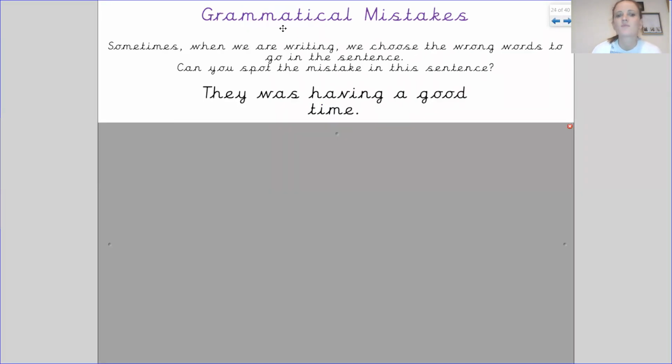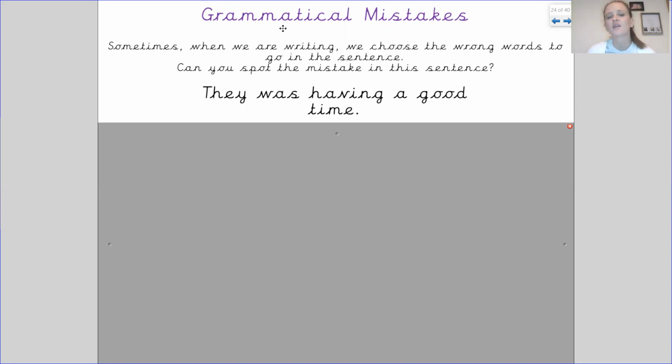Right, sometimes we make grammatical errors. Sometimes when we are writing, we choose the wrong words to go into our sentences. Have a look at this sentence and see if you can spot the mistake. So, they was having a good time. This one may be a little bit harder for us, but I want you to think about it. Read it out loud if you're not sure.